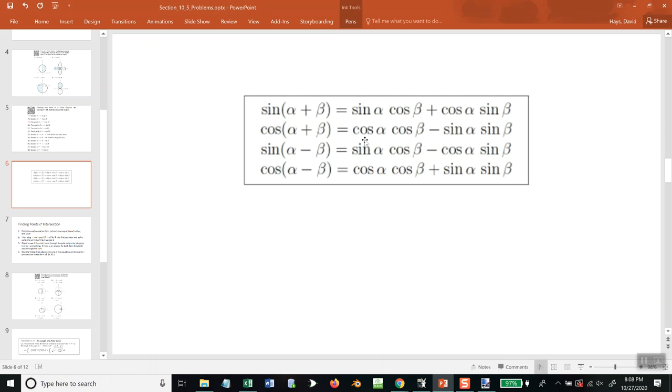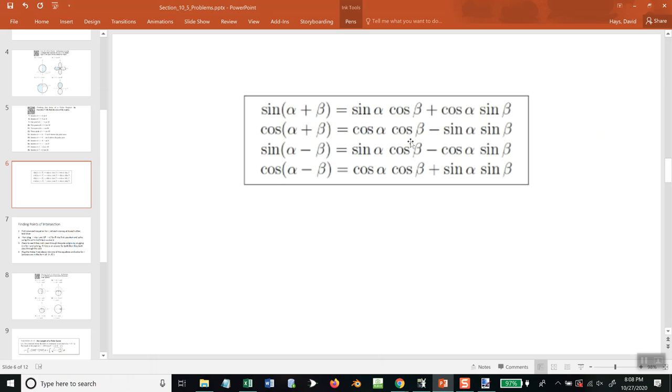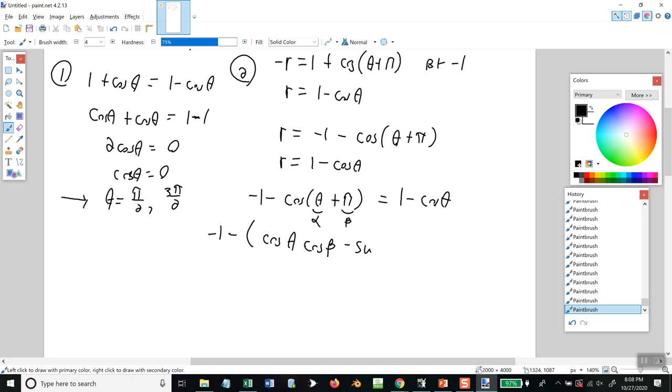And from my formula, I'm going to have cosine alpha, cosine beta, minus sine alpha. What if I put beta there? That should be a pi. Sine beta, which is pi, equals 1 minus cosine theta.